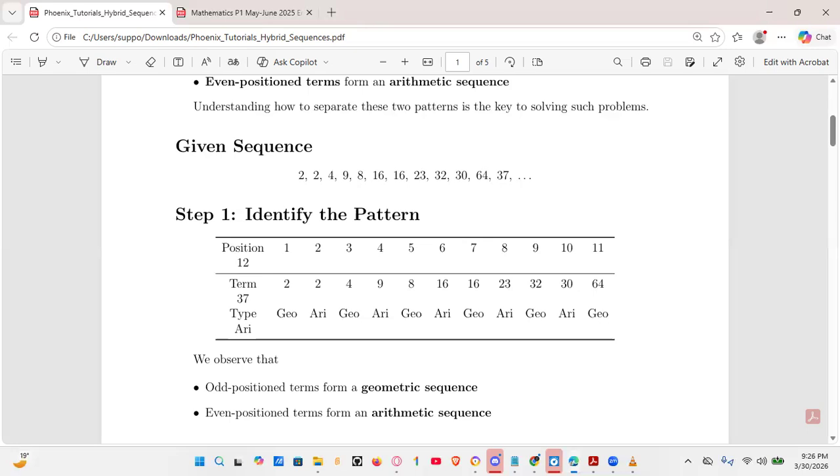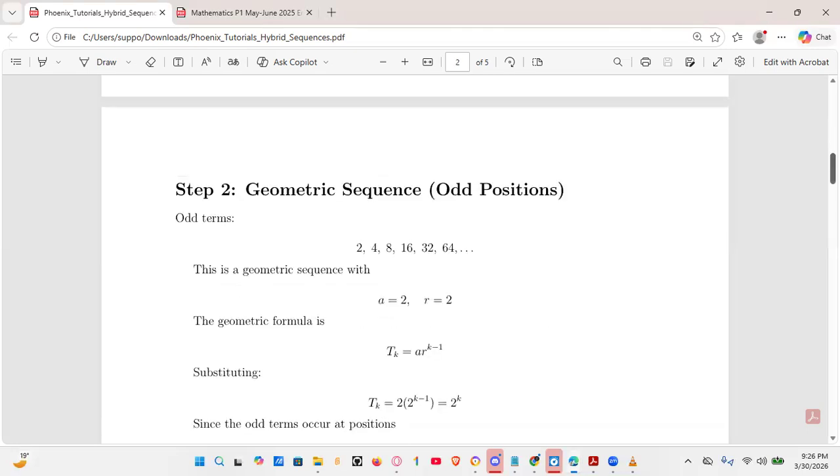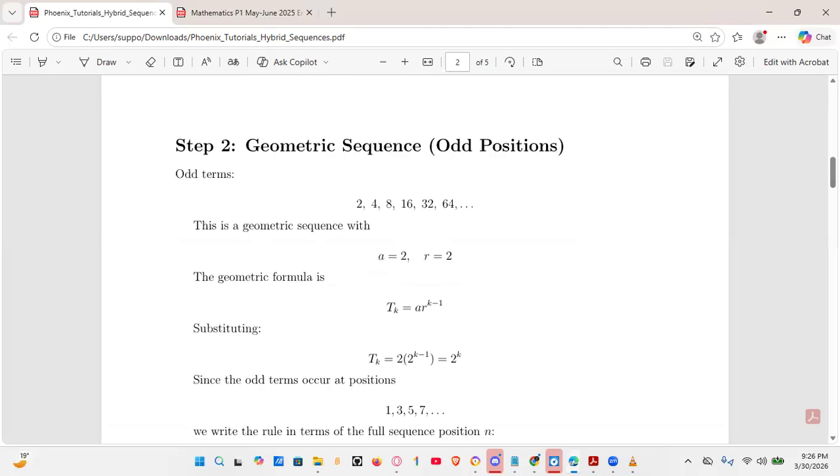And moving on, we'll see that we can actually find the general term of the sequence. And in this case, we can see our odd positions give us a geometric sequence, 2, 4, 8, 16, 32, 64. So we can see here that we multiply by 2 every time.